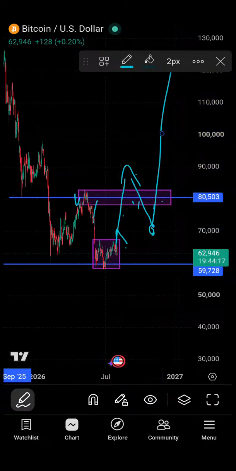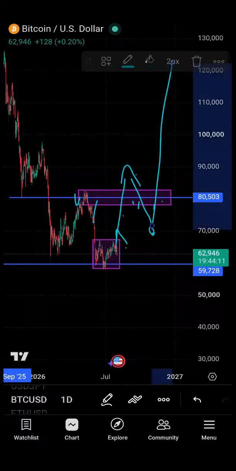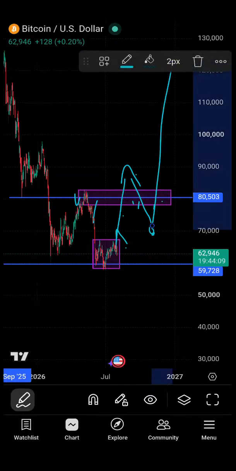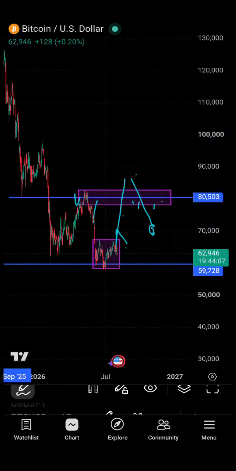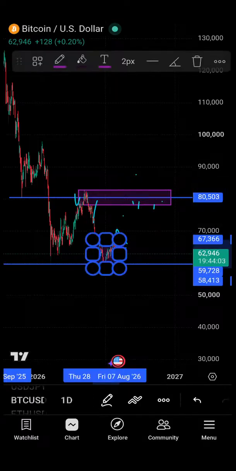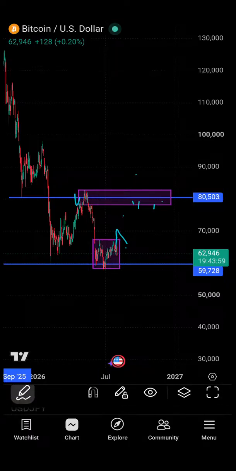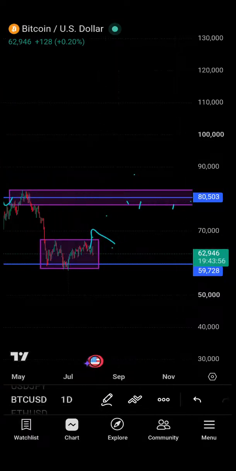But for now, it's not the right time for you to invest on Bitcoin, buy and hold. No, I don't think so. According to technical analysis, according to what I'm looking at from the weekly, the daily, and the 4 hour.